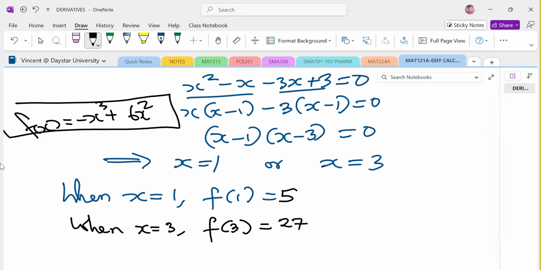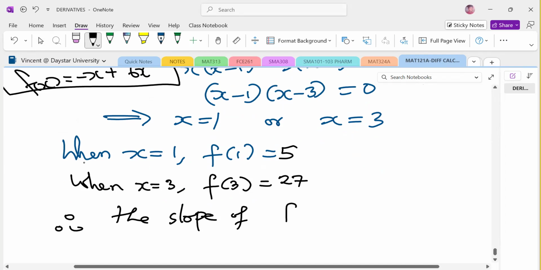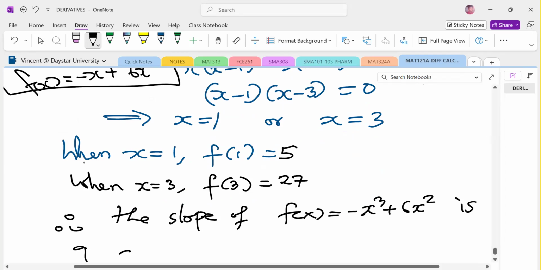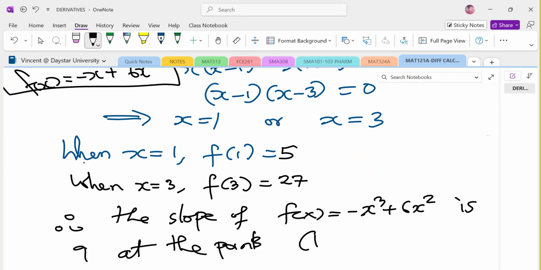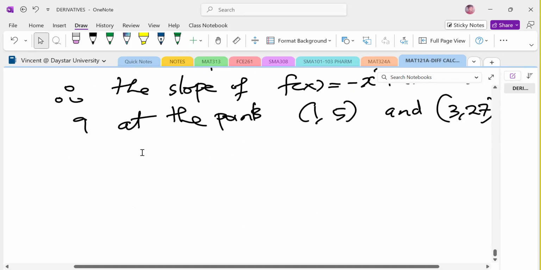So therefore, the slope of the function f of x, which is minus x cubed plus 6x squared, is 9 at the points (1, 5) and (3, 27). So you should be able to relate the concepts you are doing to other problems involving derivatives.